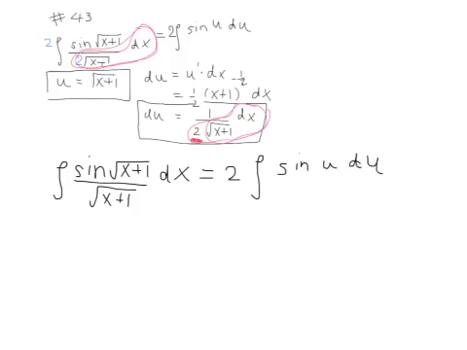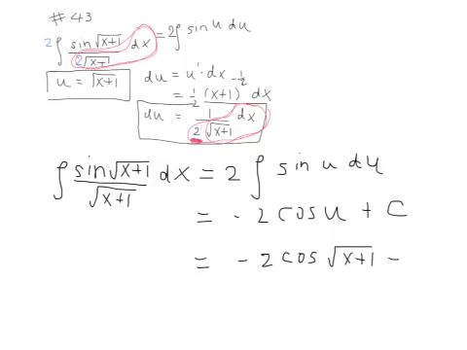And now we just need to find the antiderivative of sine of u. We know that the derivative of cosine is negative sine, so it's negative 2 cosine of u. And then the last step, we just need to substitute the u back into your inside function. So there's your answer, because originally you assigned u to square root of x plus 1. So here's your final answer.